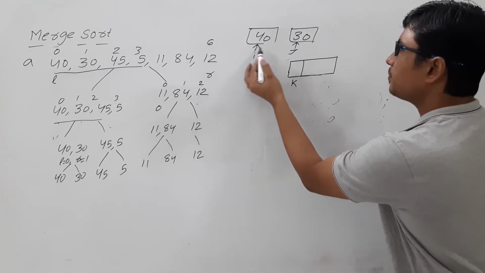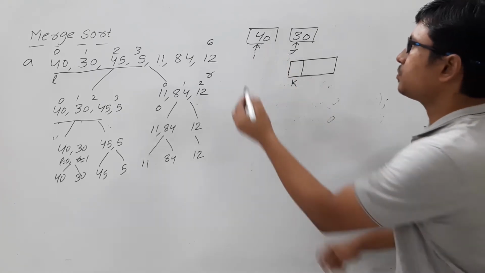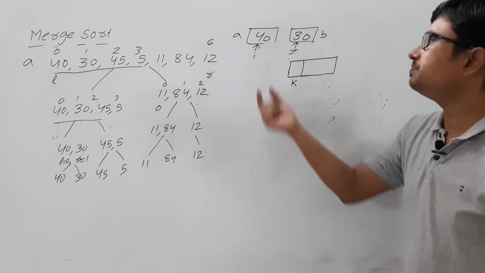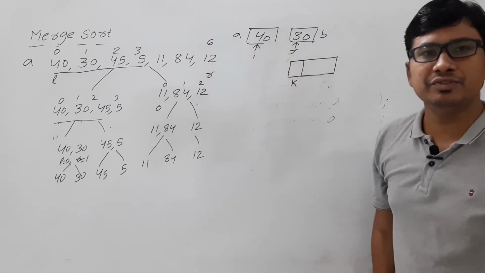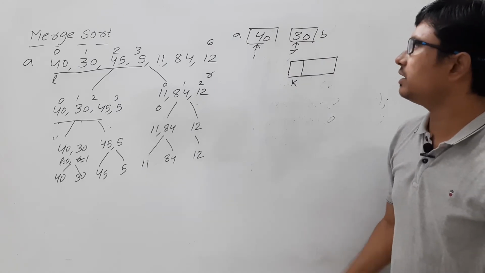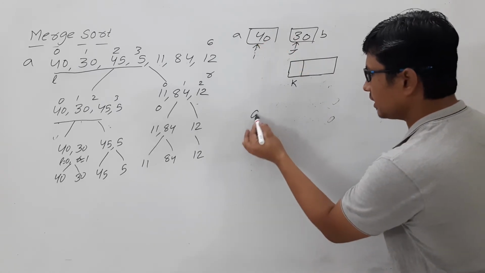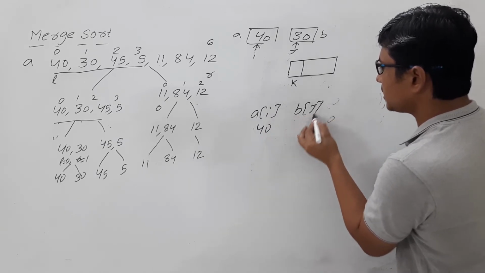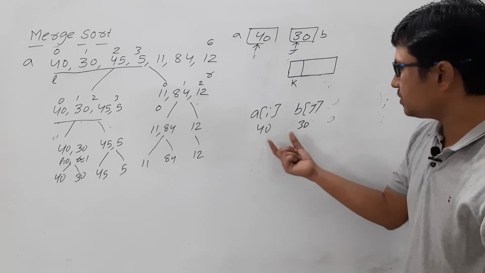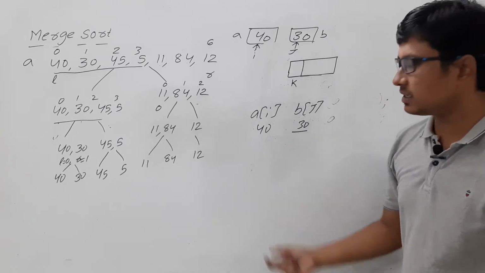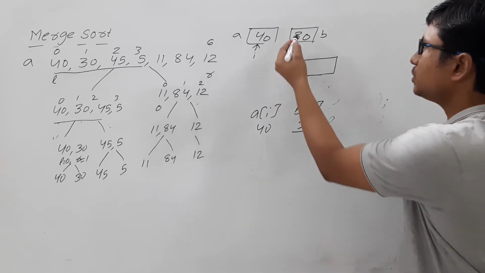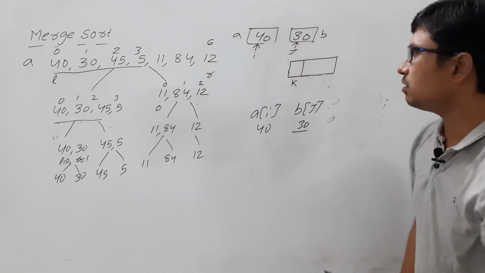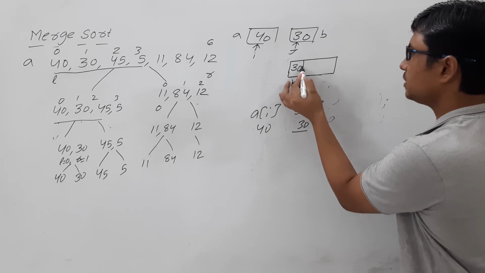Now you need to compare A of I. Suppose this is array A and this is array B. Now A of I and B of J you need to compare. A of I is 40 and B of J is 30. Which one is less? B of J is less as compared to A of I. So you need to store the B of J value in C of K. So it will be 30.